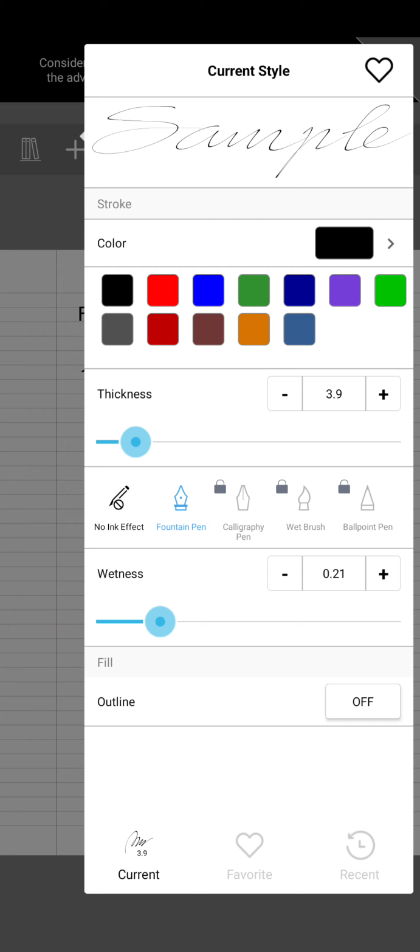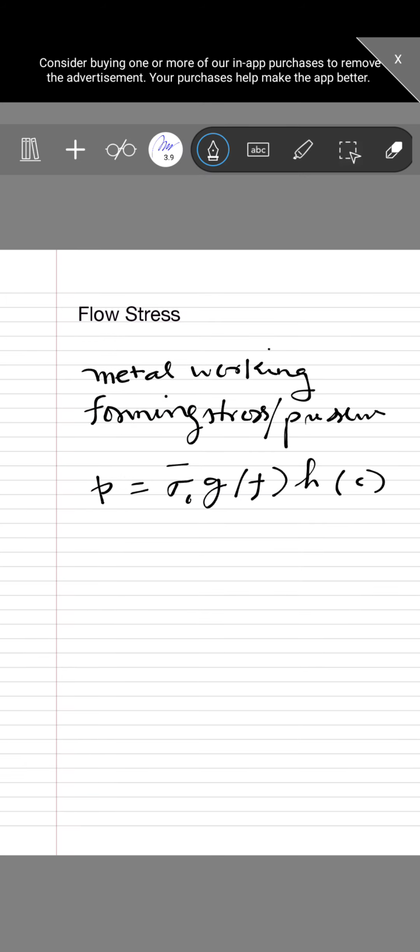Now this sigma naught bar is the flow resistance of the material. It is actually appropriate for a uniaxial plane strain.